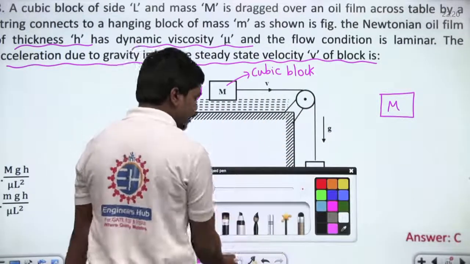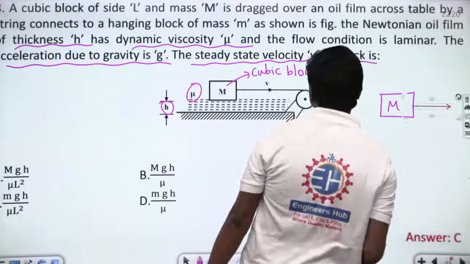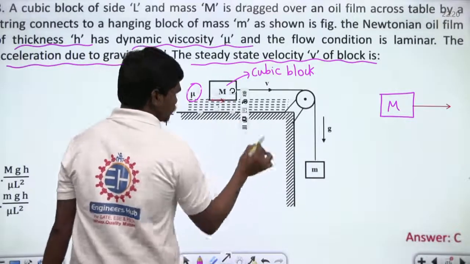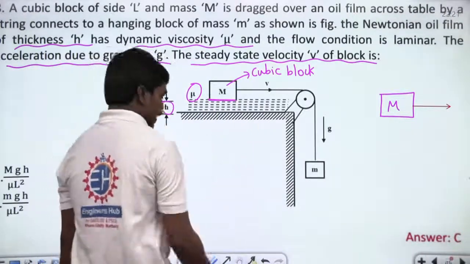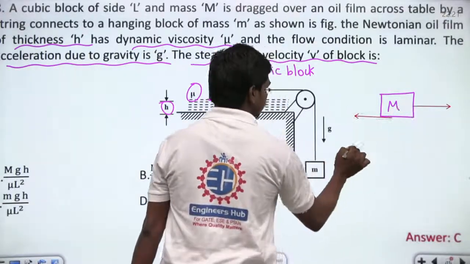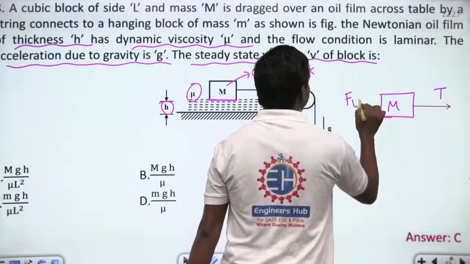If you try to attempt a free body diagram, definitely there will be some force because of the tension in the string that's pulling this block, and also because of the contact between fluid and solid, we have some viscous force acting in the opposite direction. So basically we have this tension in the string and also some viscous force.